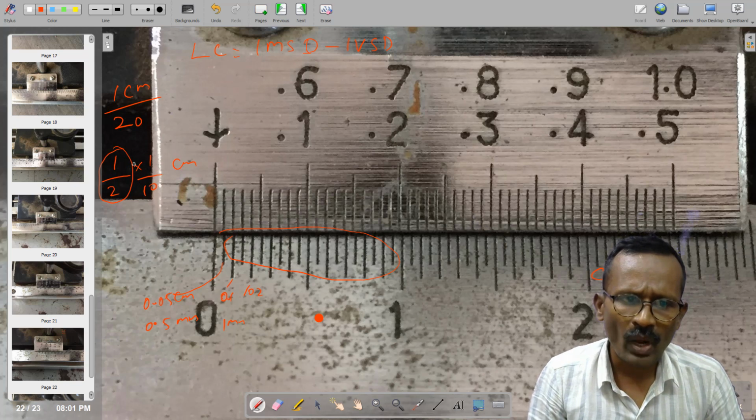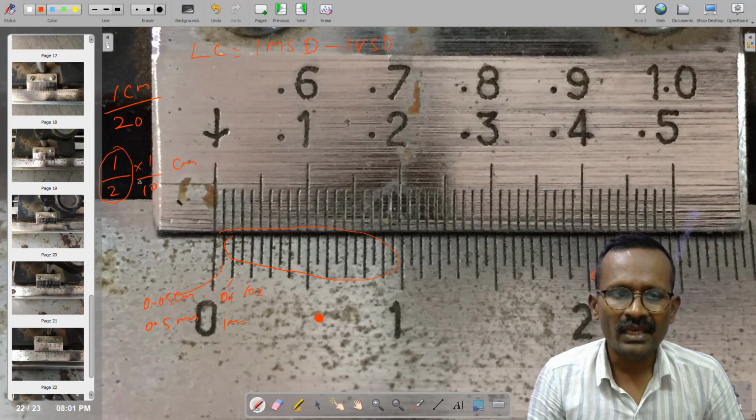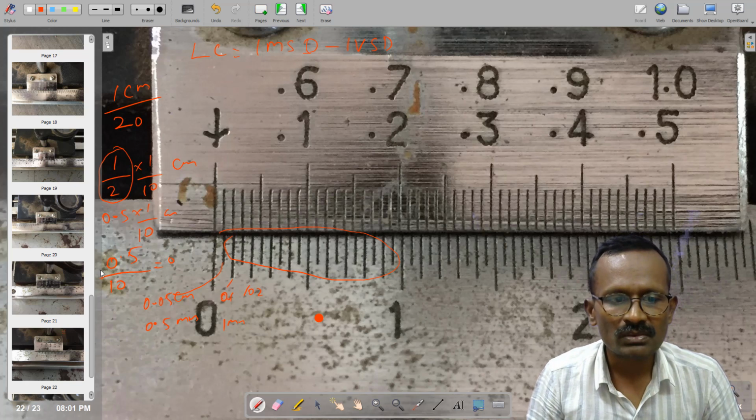If you multiply, 1 by 1 is 1, and 2 by 10 is 20, so we get the same thing. The value of this is 0.5 into 1 by 10 centimeter. Now, 0.5 divided by 10. How much will we get? The decimal point will move 1 place left.